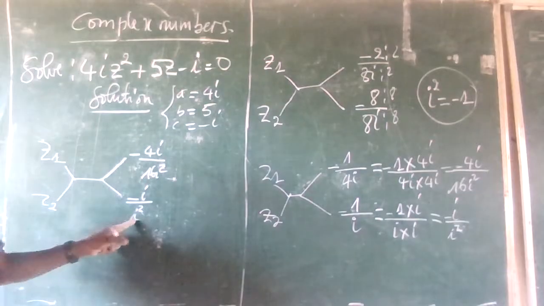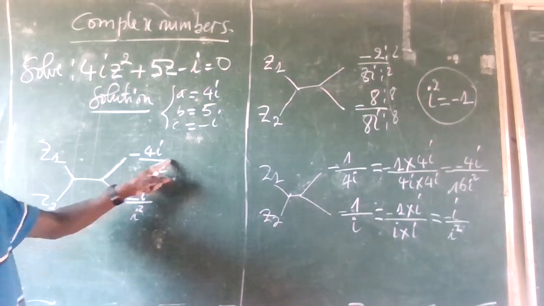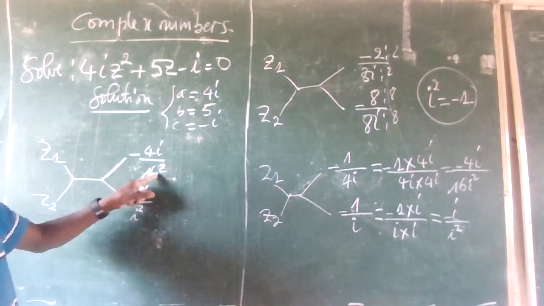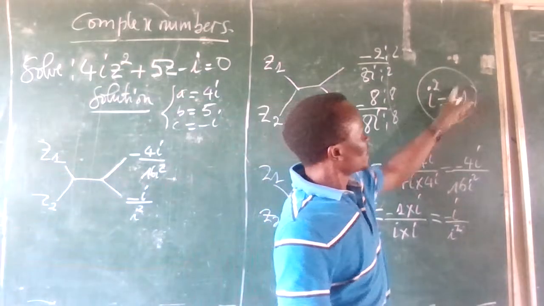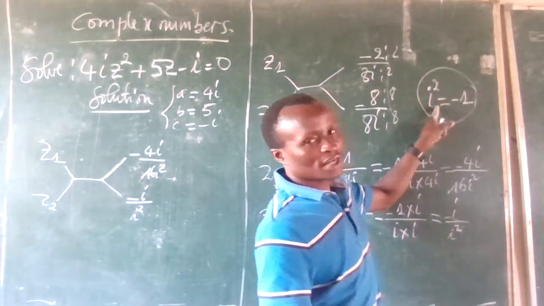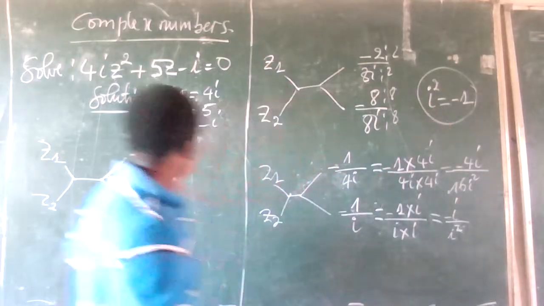Now, as I told you, where we have i square, you are going to put this minus 1 in the place of this i square, right? Good.